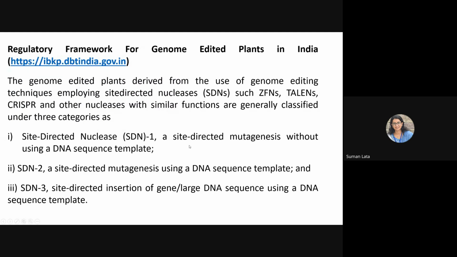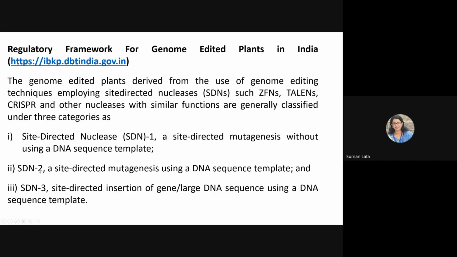Here it is site-directed mutagenesis without using a DNA sequence template. Here a DNA sequence template is not used, and without template the mutation is created. In SDN2, site-directed mutagenesis using a DNA sequence template, and in SDN3, site-directed insertion of a gene or large DNA sequence using a DNA sequence template.